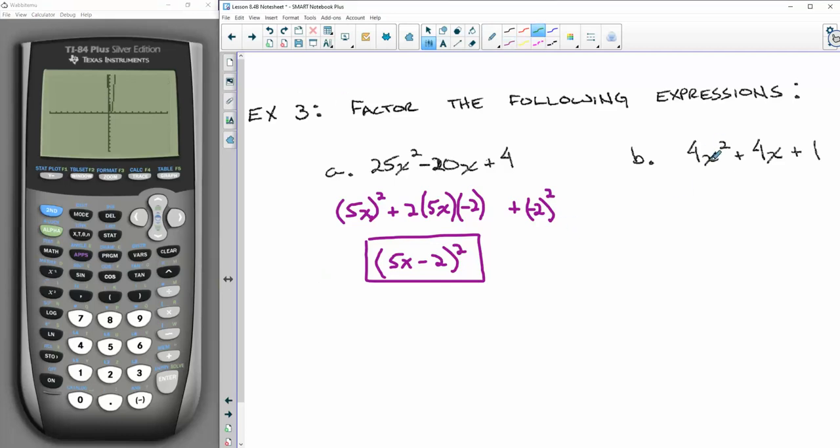All right, let's do it again. 4x squared is a perfect square and 1's a perfect square. That's usually a pretty good clue that it might fit the square of a binomial pattern. So the square root of 4x squared is 2x. The square root of 1 is 1. And in the middle, I'm hoping that it'll fit this pattern: double the product of those two square roots.